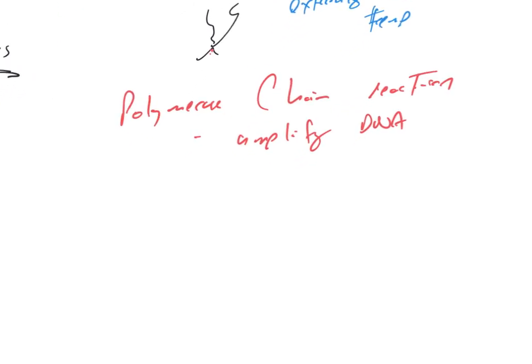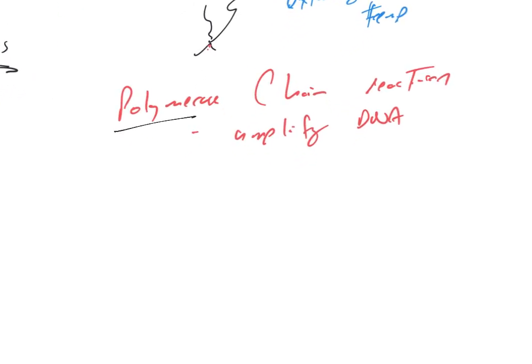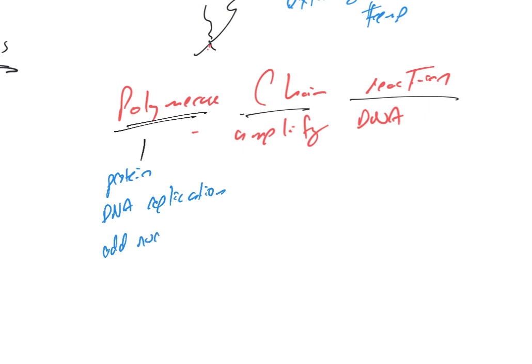Now, polymerase chain reaction. Polymerase, this is the protein, remember, it's in DNA replication. So there's RNA polymerase, DNA polymerase. What they do is they add nucleotides.